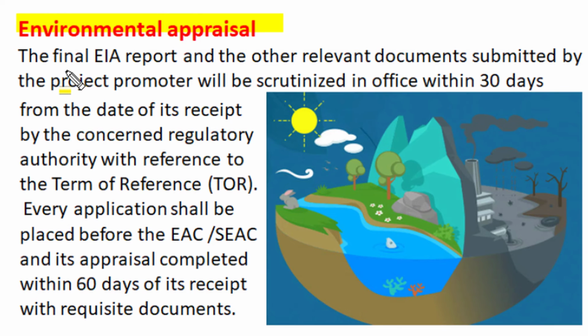The final environment impact assessment report and other relevant documents after review and public hearing are submitted by the project promoter to the concerned regulatory authority, and these documents should be scrutinized by the concerned regulator within 30 days from the date of receipt, and this scrutiny is done as per the terms of reference mentioned in the notification.